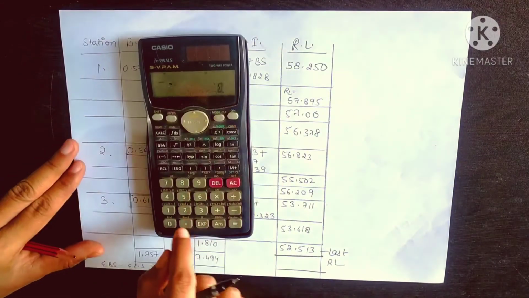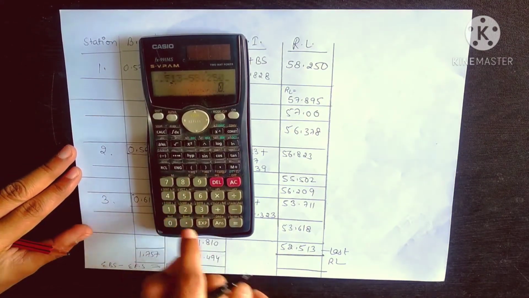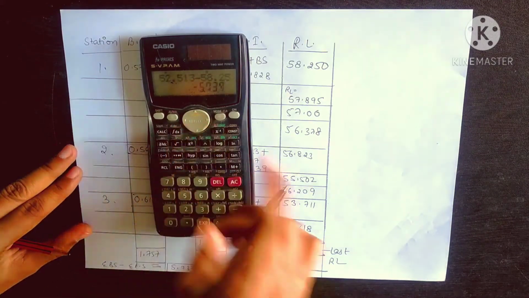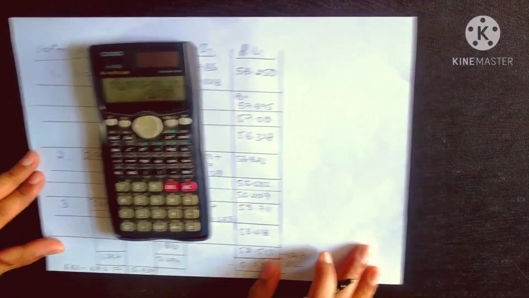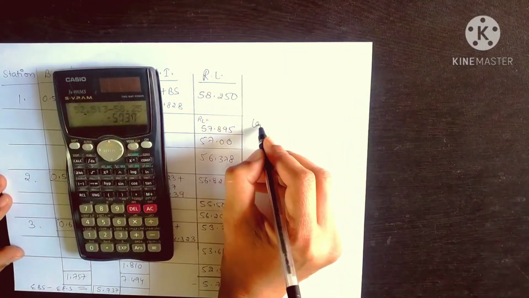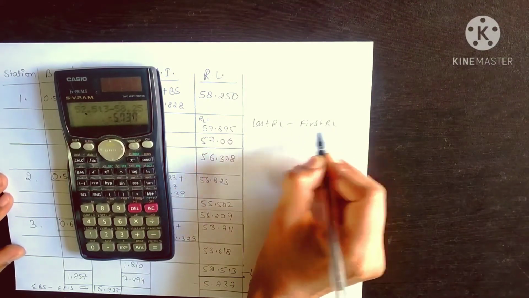5.737. Let us look at this. 52.513 minus 58.250 gives us minus of 5.737. So we had checked like last RL minus first RL.